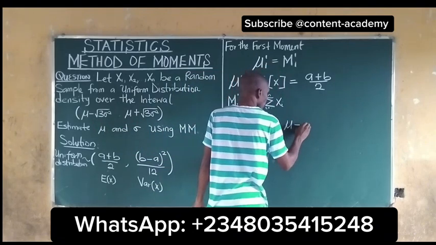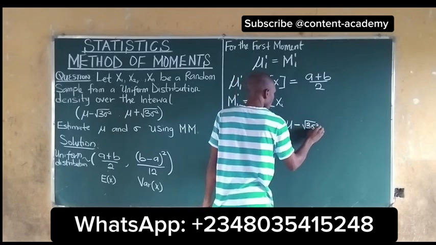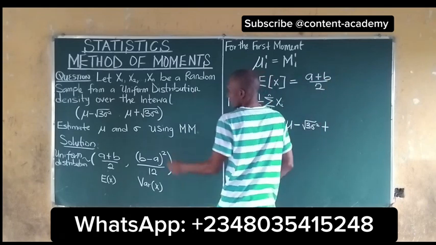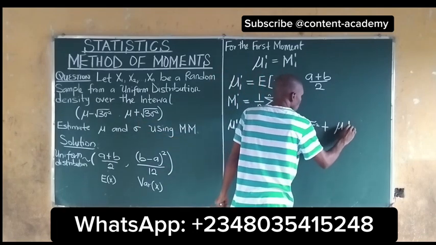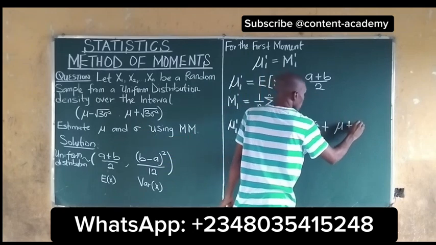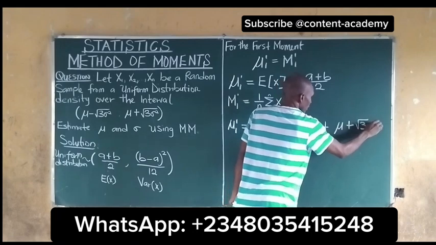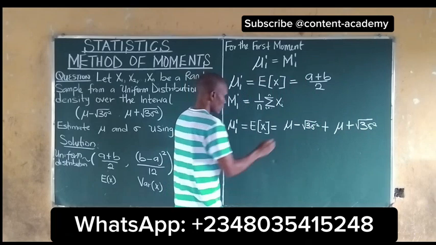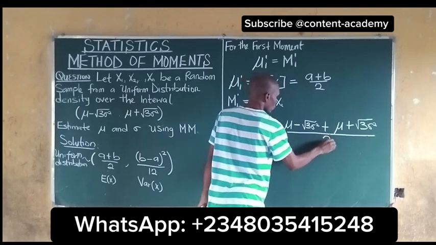So we have a to be mu minus the square root of 3 sigma square, and b to be mu plus the square root of 3 sigma square, all over 2.